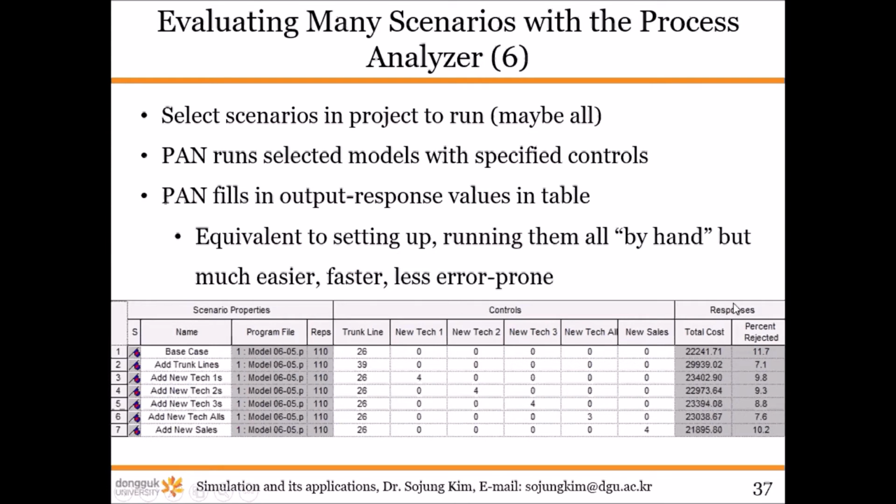Then responses will give you the collected simulation output, so total cost and percent rejected. Under the given input, or the given scenario, you can get the output. It can be 2, it can be 3, it can be 4. You can add more output if you want in the process analyzer.